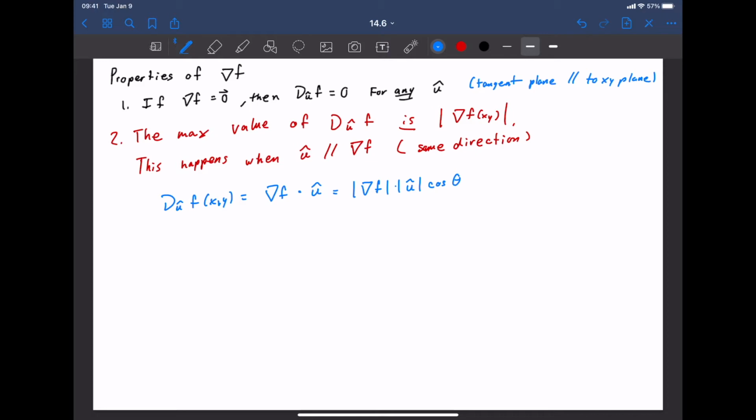Now, since u is a unit vector, the magnitude of u equals 1, so I can get rid of that pesky thing. The directional derivative is just the magnitude of the gradient times cosine of whatever the angle was of the direction we were taking in the xy plane.